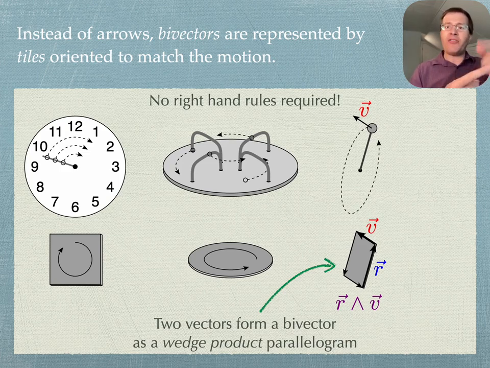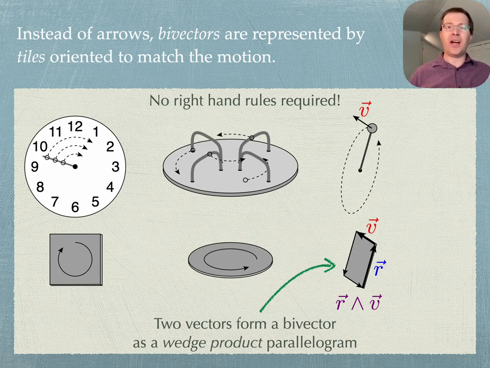If you then close off that parallelogram and draw those vectors r and then v around that parallelogram, you have just drawn a tile in the plane of the motion, and r and then v going around the edge of the tile is exactly the direction that the ball is orbiting around its central point. It's all very intuitive.